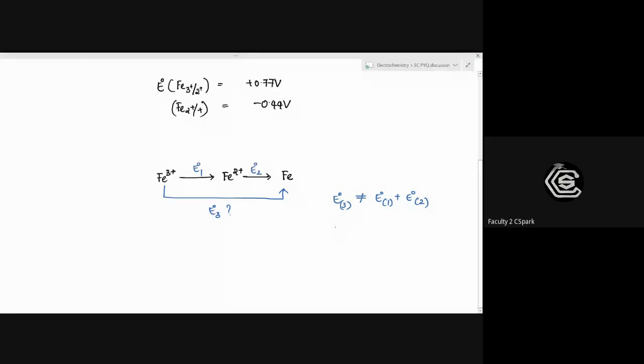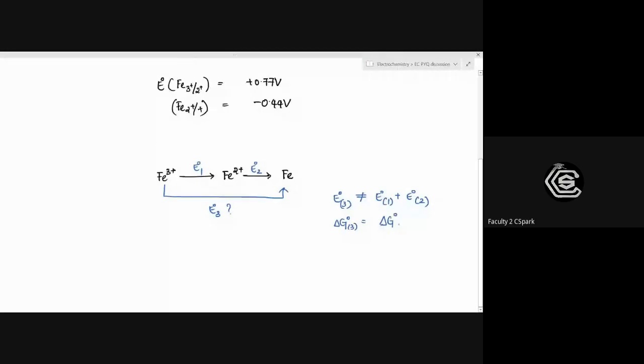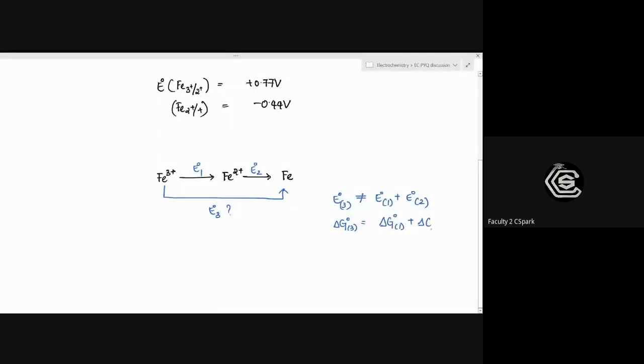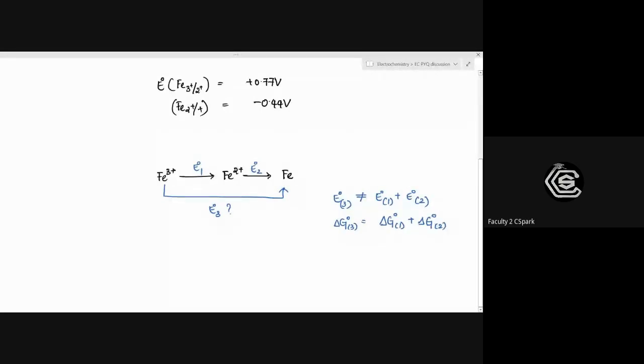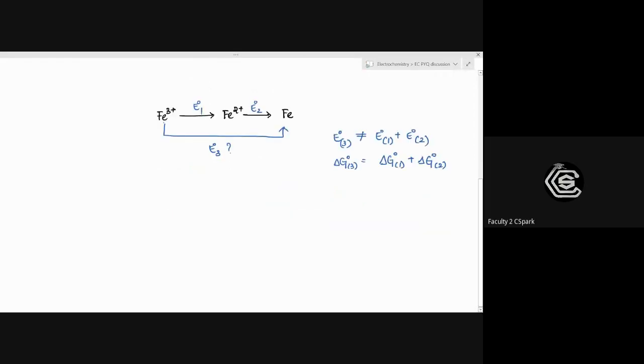That is, delta G naught 3 is equal to delta G naught 1 plus delta G naught 2. Gibbs free energies are additive in nature. So what we need to understand here is that when Fe3+ changes to Fe, there will be a particular amount of Gibbs free energy associated with this reaction. That is equal to delta G naught 1 plus delta G naught 2.